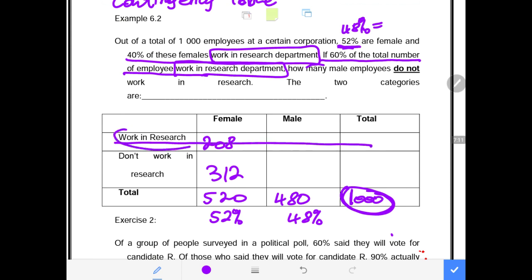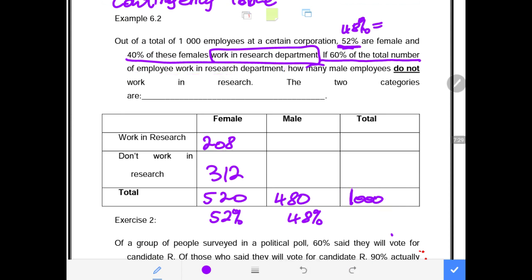Remember, this is the percentage for those who work in the research department. Then they say if 60% of the total number of employees work in the research department, meaning 60% of this 1,000, then what is the question? How many male employees do not work in the research department is the question.